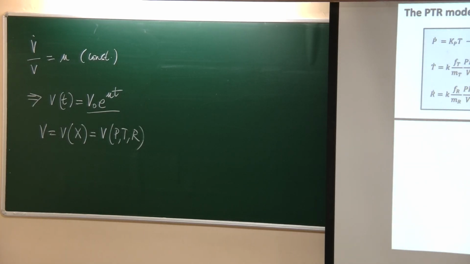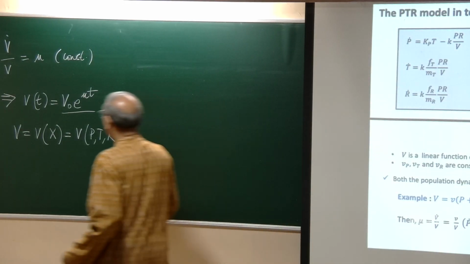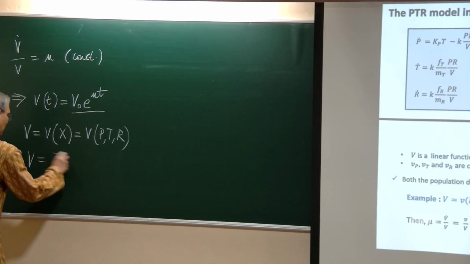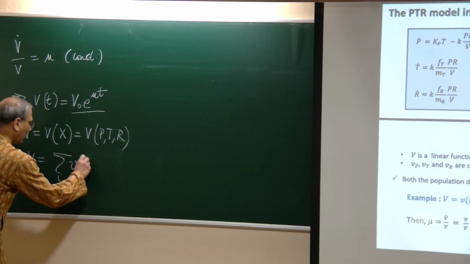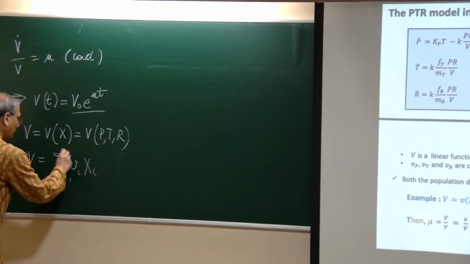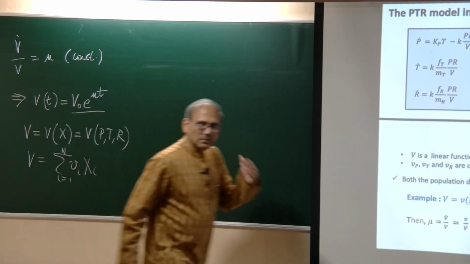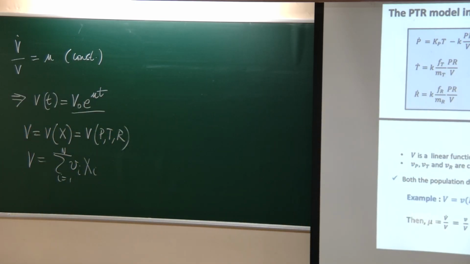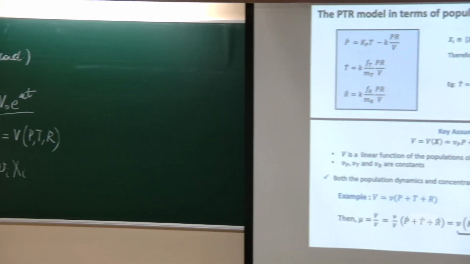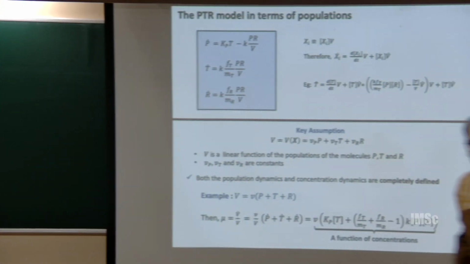What we do is make the assumption that V is itself a linear function of the populations that it contains. In general, V is equal to the summation of V_i X_i, i going from 1 to P. Some of these V_i's might be 0, some might be non-zero. But anyway, it's some linear function of the X.